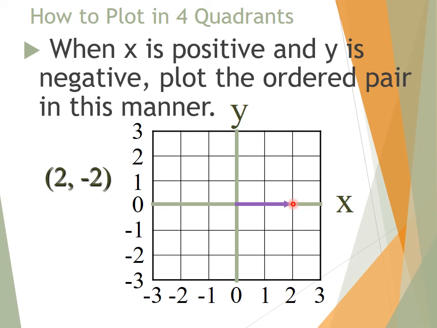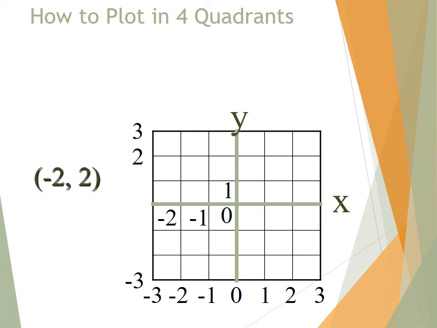This is the new position. From here, we will again move by how much? By -2, right? The y coordinate is -2. Since it is negative, we will move downwards along the y-axis. So this is the position of the coordinate 2, -2.